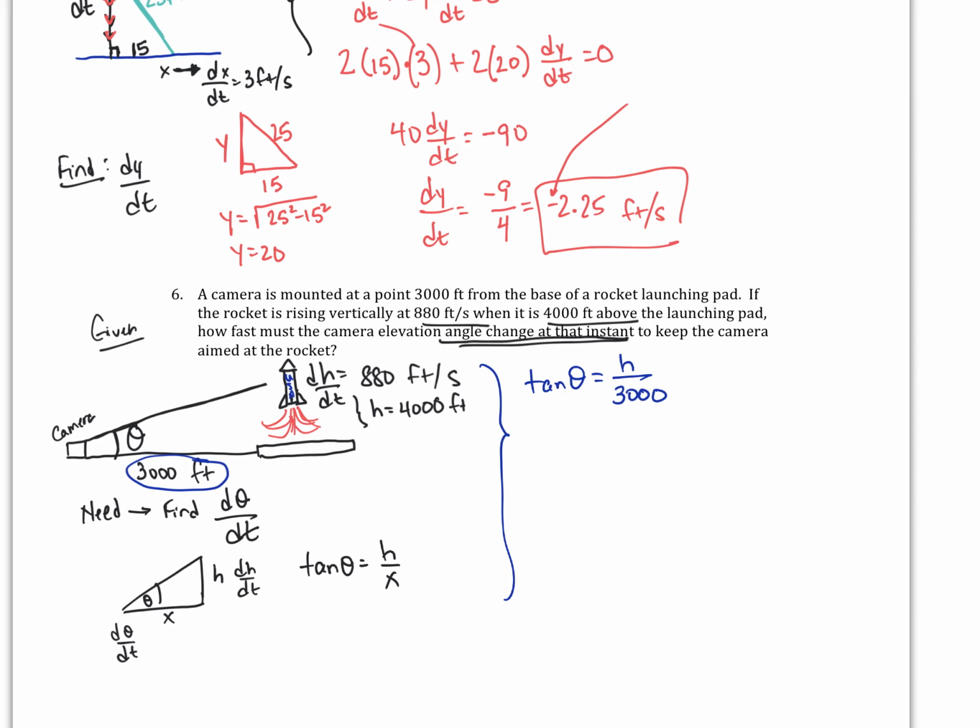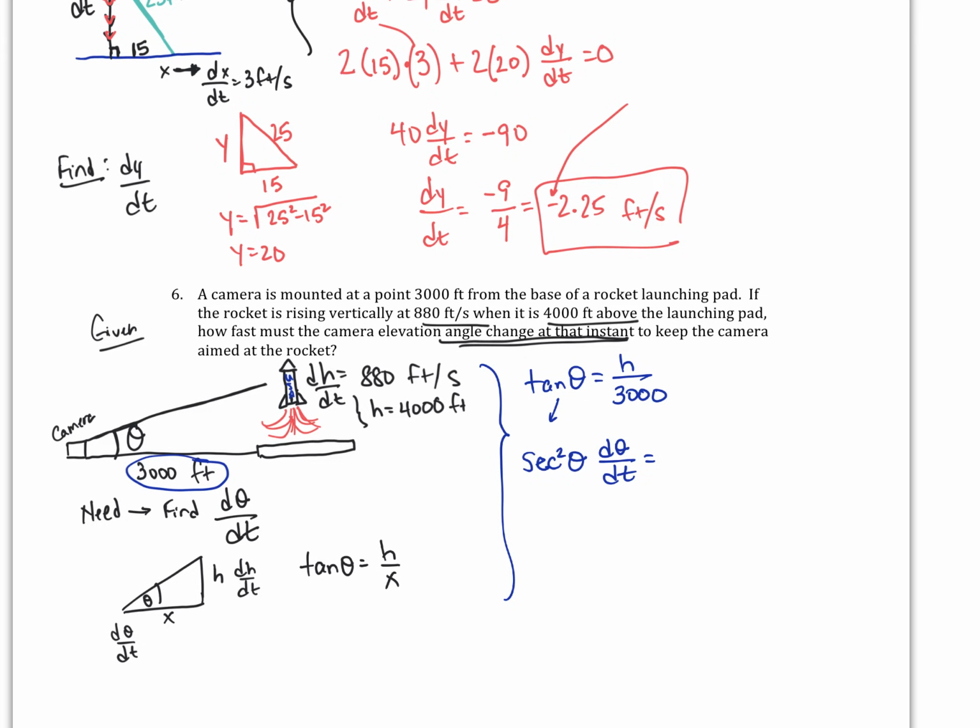It's not changing. All right, so that means I can take the derivative. I have my formula, I develop my givens, I know what I need to find, I've made a picture, I have the equation that I need. Let's implicitly differentiate. So over here, the derivative of tangent is secant squared theta times d theta/dt.